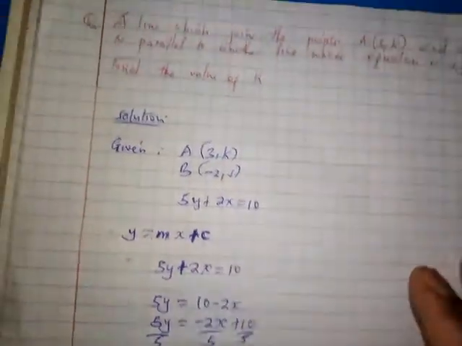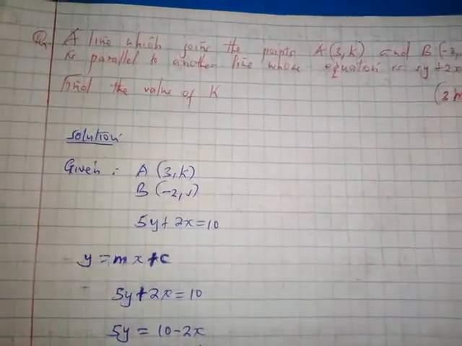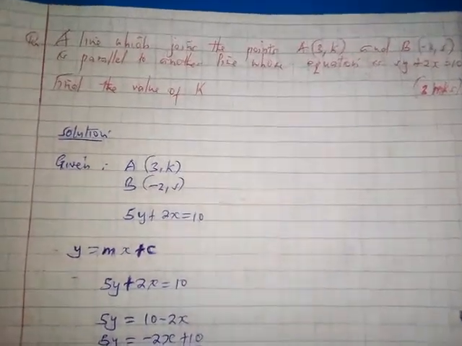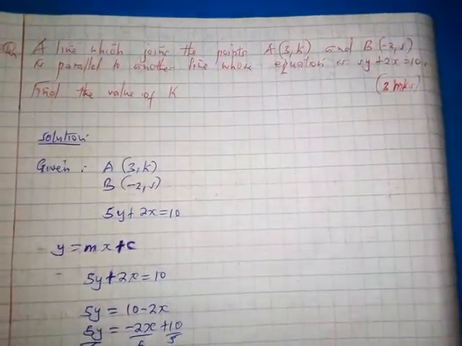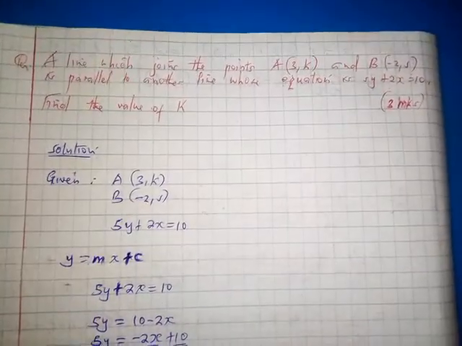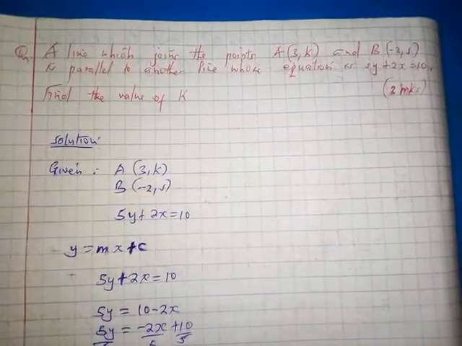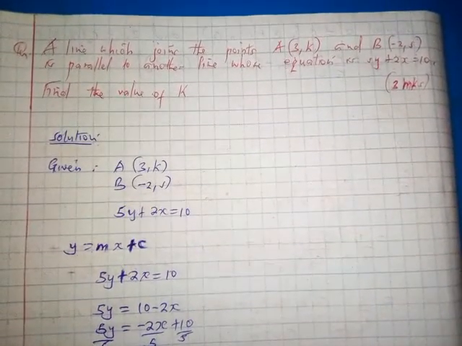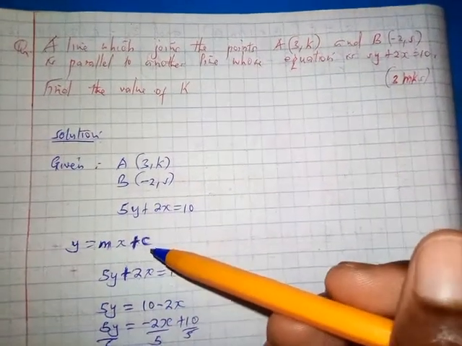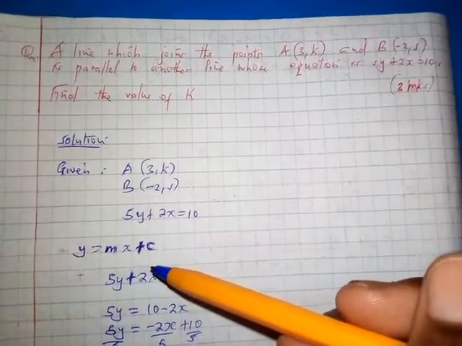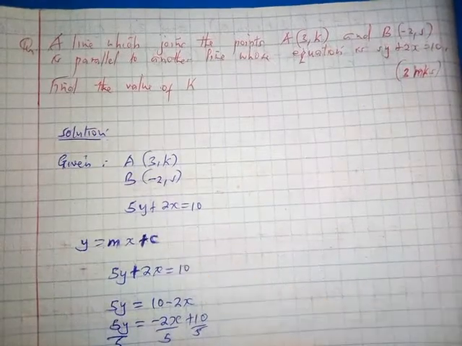So the secret, or the trick, or what you just had to know, is that parallel lines have the same gradient. The first thing was to express the given equation in the form y is equals to mx plus c.